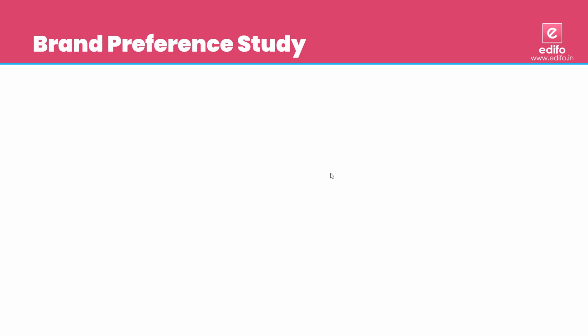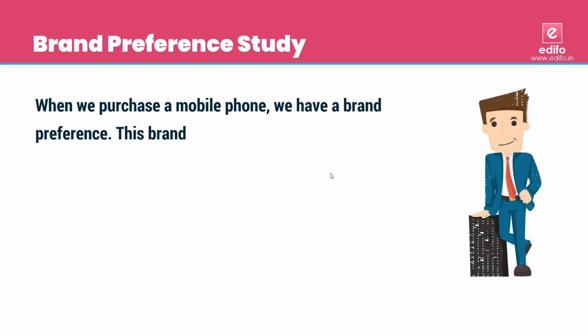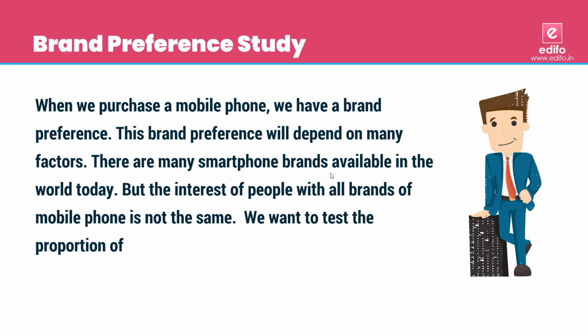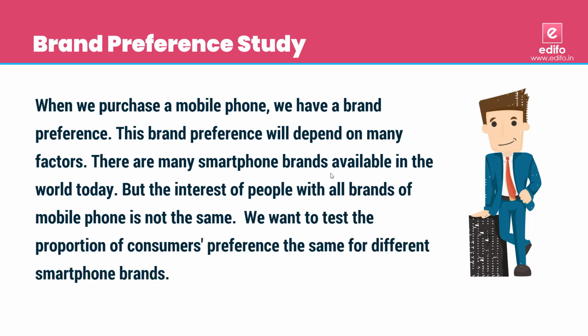Here is our example. When we purchase a mobile phone, we have a brand preference. This brand preference will depend on many factors. There are many smartphone brands available in the world today, but the interest of people in all brands of mobile phone is not the same.